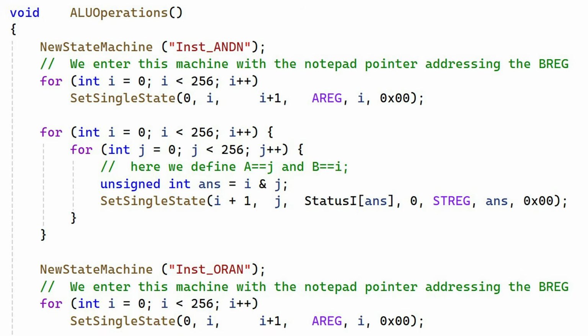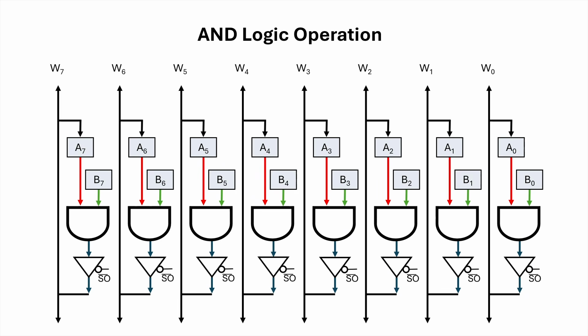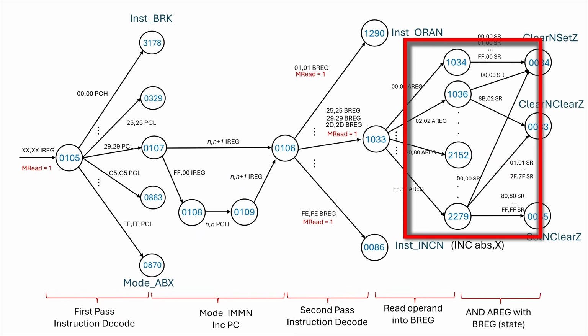We pre-compute all the values of A and B and write the result as the output symbol. This is essentially a 16-bit lookup table, 8 bits for the operand and 8 bits for the accumulator, starting at address 1034. So instead of using logic gates to compute A and B, we pre-compute all possible answers and just store them in the EEPROM. The AND operation isn't computed at runtime, it's remembered.